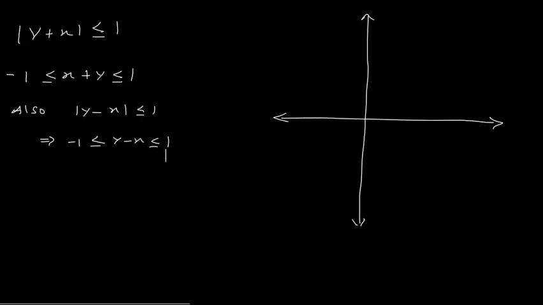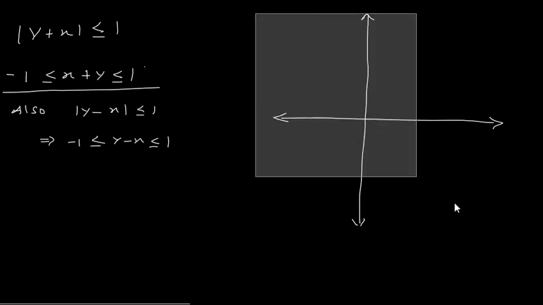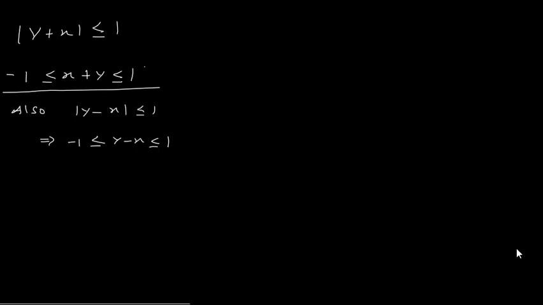So to plot these graphs, we have to find a few points which satisfy these equations. Let us first not draw the graph; first let us find the points. Take x + y = -1.